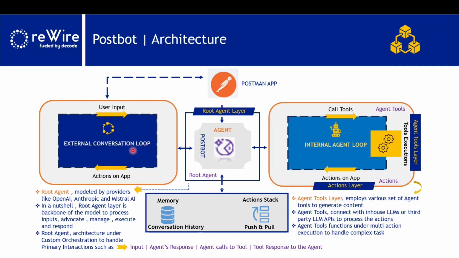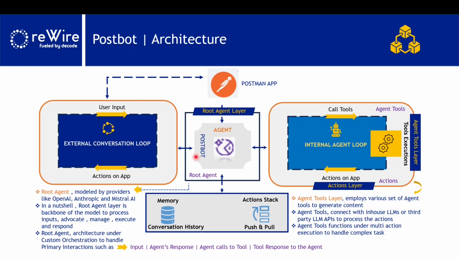So here I just explained what this root agent does, and how exactly this agent layer functions. The root agent is modeled by OpenAI, Anthropic, and Mistral. Anthropic means Claude AI, and we have Mistral AI also.